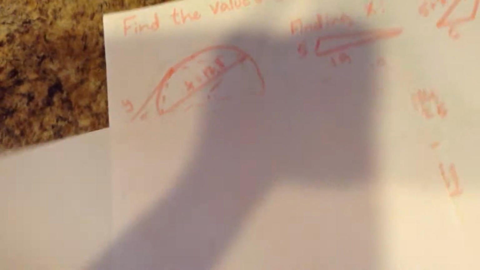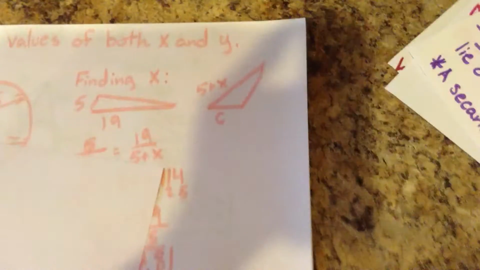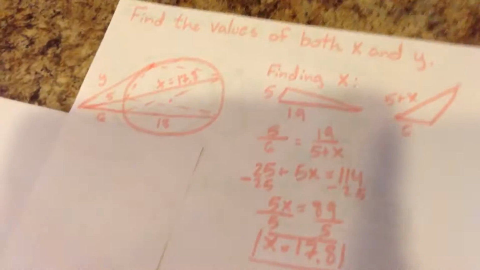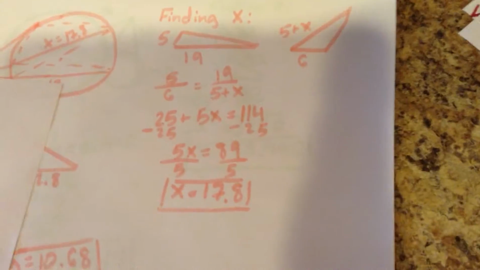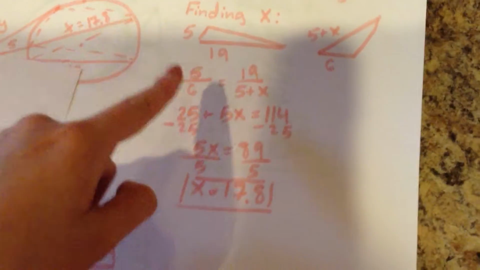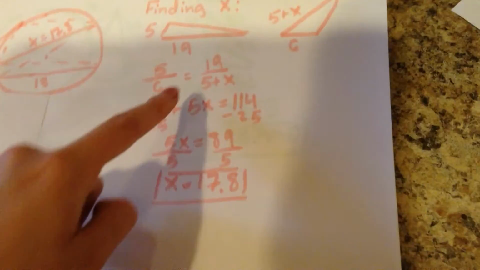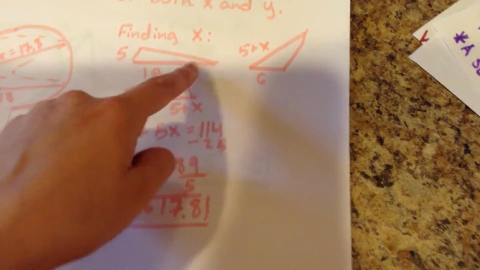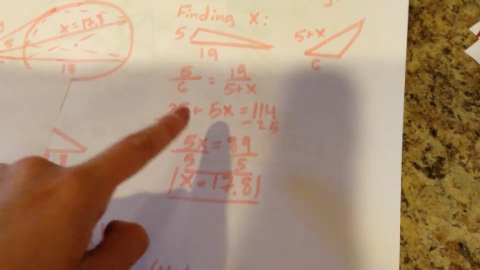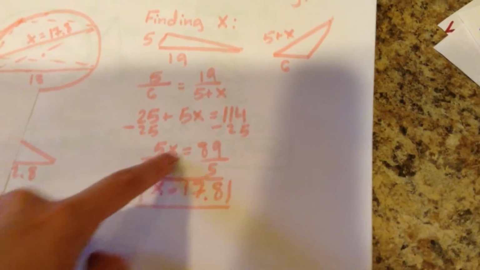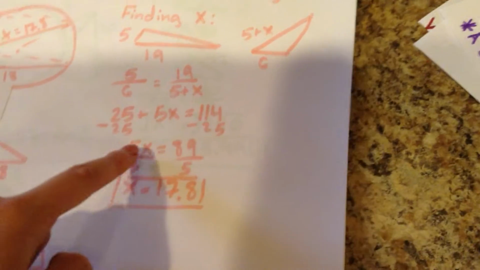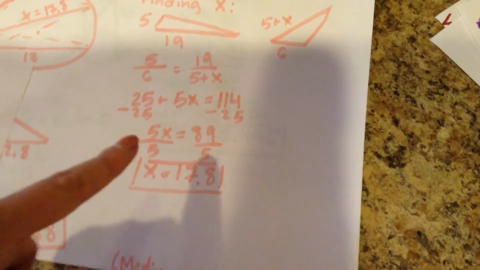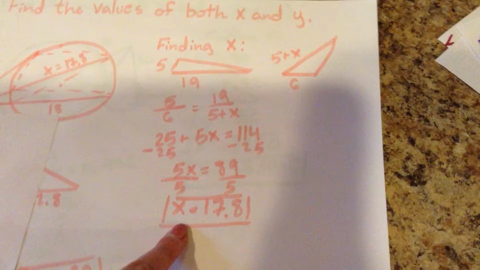To find x, we want to draw our two triangles again from the two secants pointing outside, and we set up our proportion again like we did the last problem, and then by cross multiplying 5 plus x and 19 is 6, we get our equation. Again, we just subtract 25, get 5x equals 89, then get that x equals 17.8.